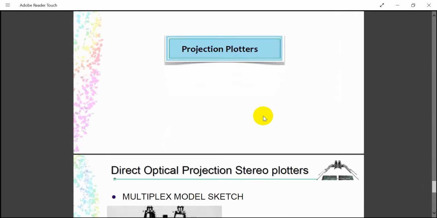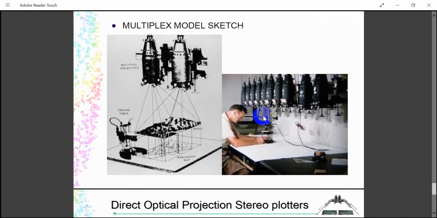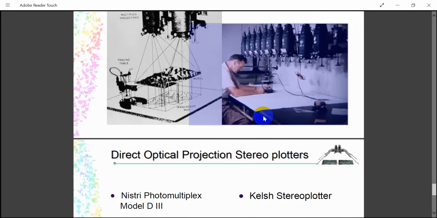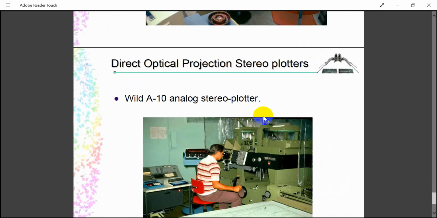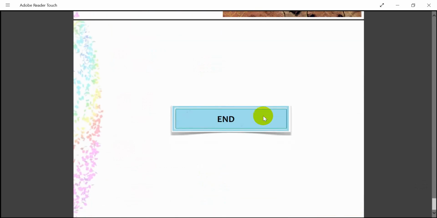See how house sketches, three-dimensional view. Everything is in.